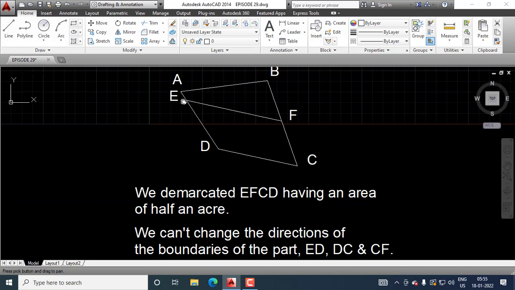We can't change the direction of AD, we can't change the direction of DC, we can't change the direction of CB. We can only change the direction of this line EF so that this area is not altered.